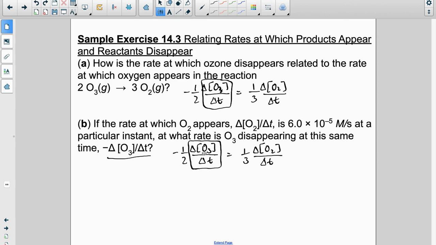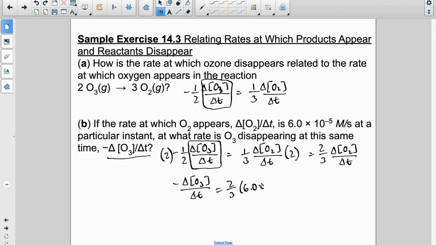If I multiply both sides by 2, this will be 2/3 of the rate of oxygen appearing, 6 times 10 to the minus 5th molarity per second, and 2/3 of that will be 4.0 times 10 to the minus 5th molarity per second. And so that is the rate of O3 disappearing at this point in time.